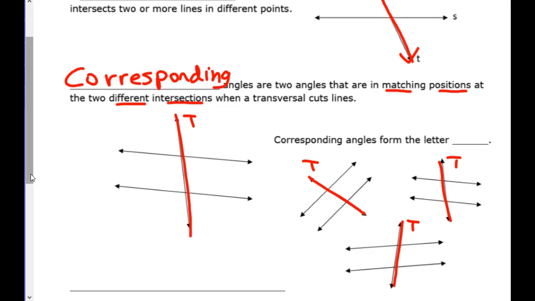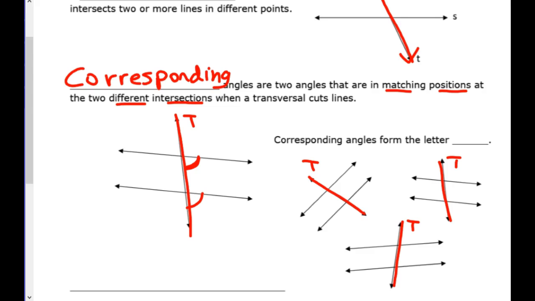And now on here, I'm going to label 2 angles that are in matching positions at 2 different intersections. So let's label one with an arc. This right here is my arc, and this arc is at the bottom right of this intersection. So I'm going to go to this other intersection, and I'm going to put an arc at the bottom right. It's going to look like that.